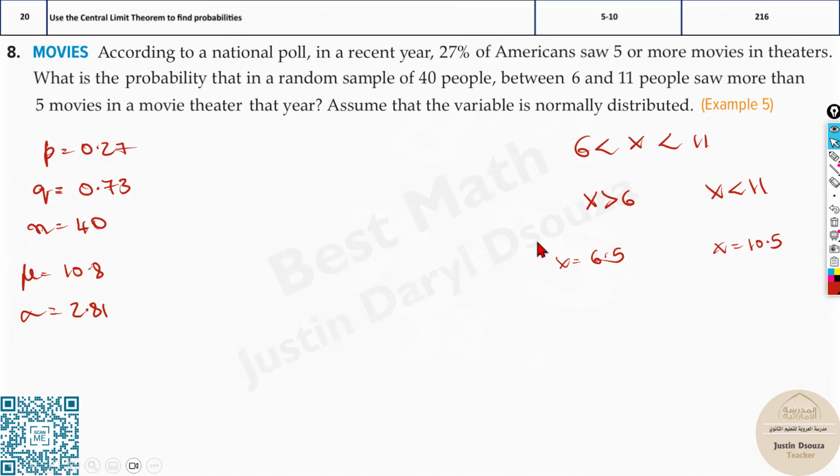Now after this, what next? We have to find the z values. I'll write over here z values. We know the formula for z value is x minus mu divided by sigma. We need to find that, and then after we find the z values, we put them in the calculator and find the z probabilities. Okay. So now z values are for both. Let's write it out over here.